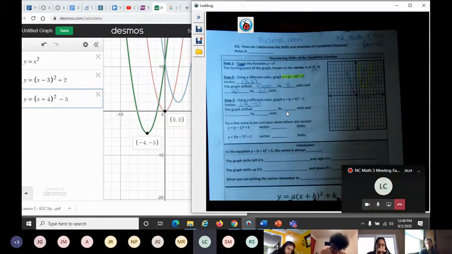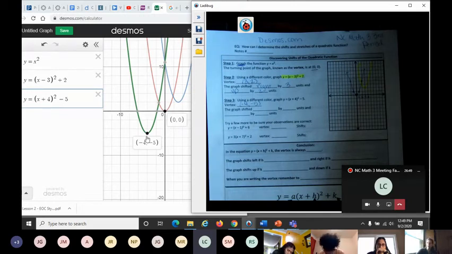I don't know. So we're looking at these 2 points that I've highlighted on Desmos. If I start at 0, 0, how far left do I have to go to get to my green vertex? Read the vertex. So how many units did I shift left? -4.